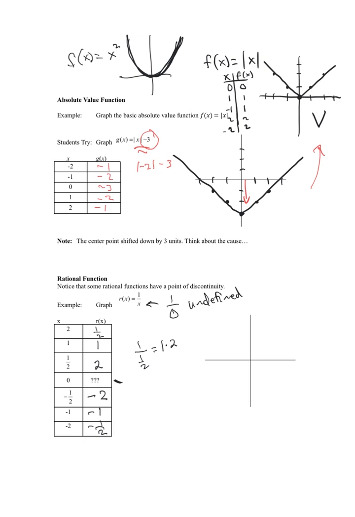So let's plot those points. I'm not putting too many on there because we're going to see most of our picture from here. So 2, 1/2, 1, 1, and then 1/2, 2.